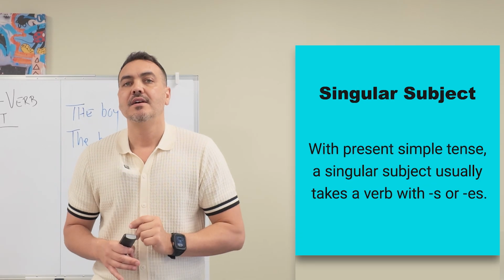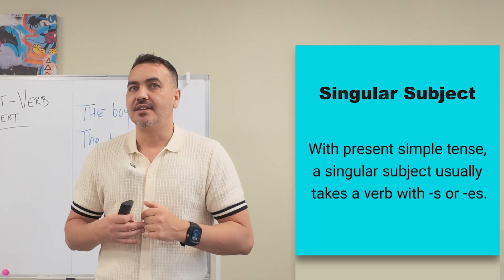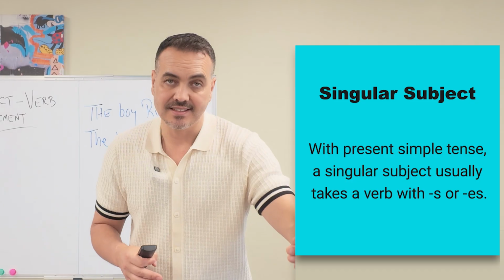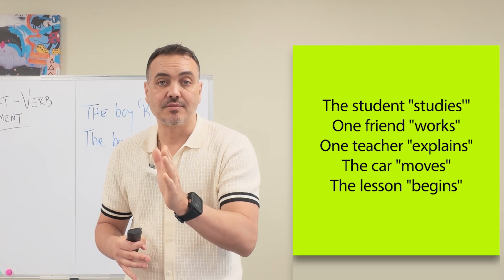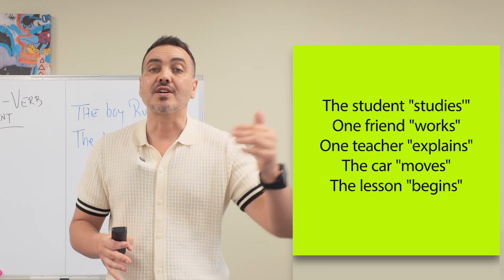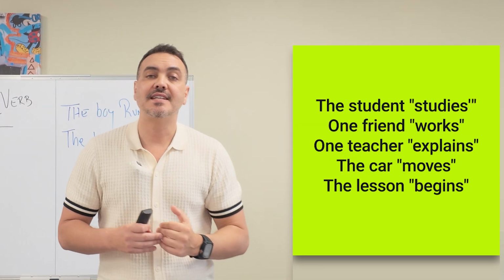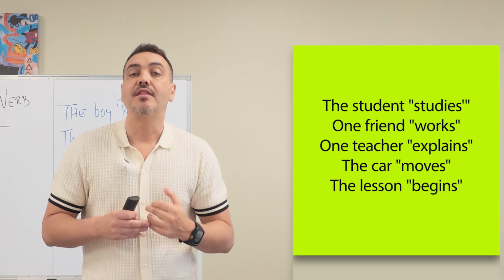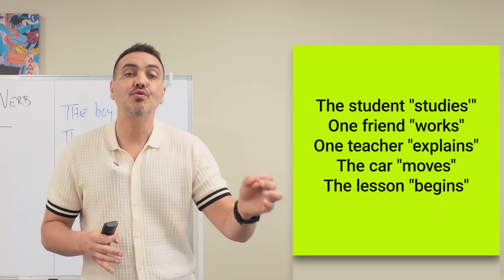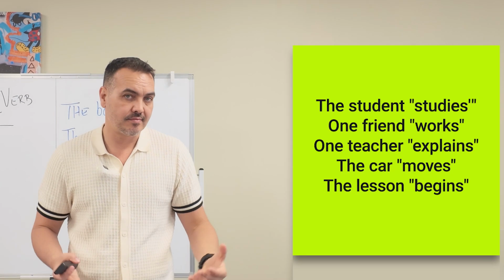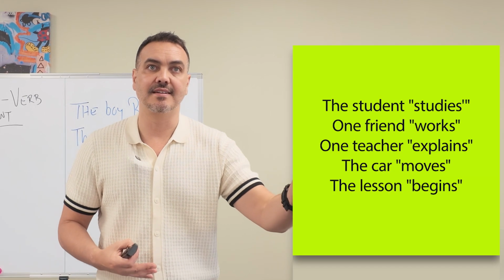So I could say the student, being one, studies. That's the word study with an IES replacing the Y. My friend works. The teacher explains. The car moves. The lesson begins.